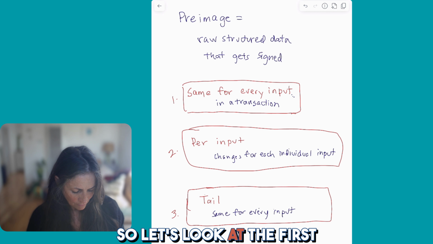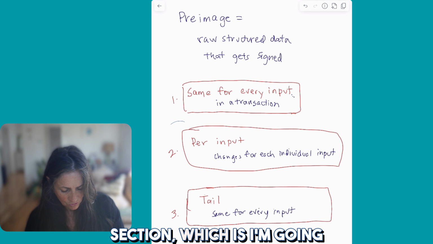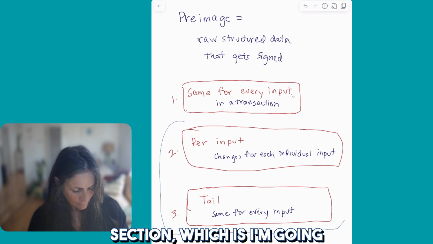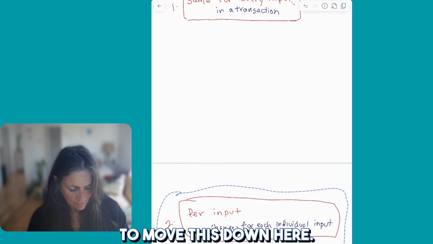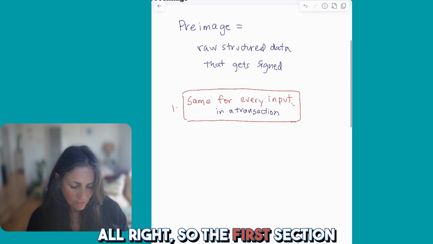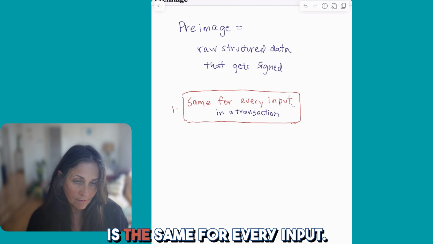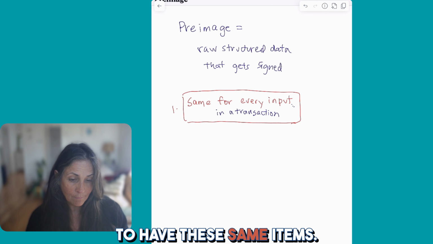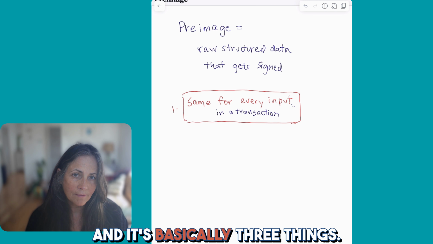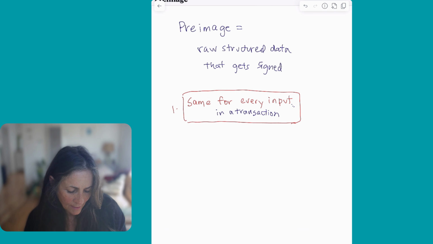So let's look at the first section. I'm going to move this down here. All right, the first section is the same for every input. So every input is going to have these same items, and it's basically three things.